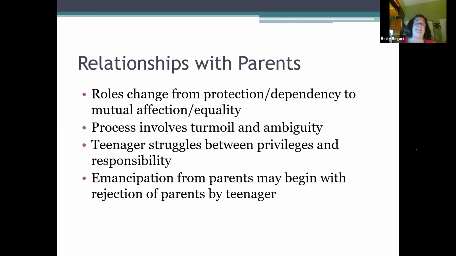Relationships with parents are now more of mutual affection and equality. You have to let them do what they need to do within boundaries, you know, but still you want the love from your son and from your daughter.